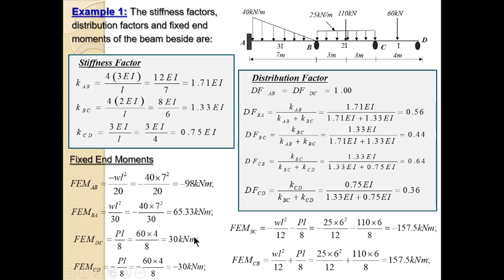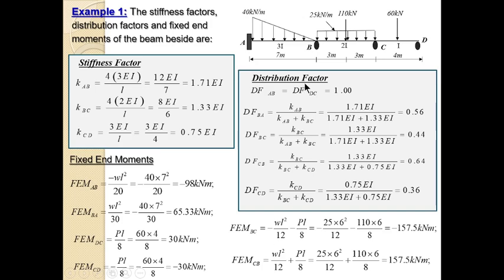So you work it out, you have 30 kilonewton meter. For CD, that is C going to D, the left hand side of that span CD. Because it is left support, it is minus. This is a point load acting at midspan, so we have PL over 8, where P is 60 and L is 4, over 8. That's minus 30 kilonewton meter.